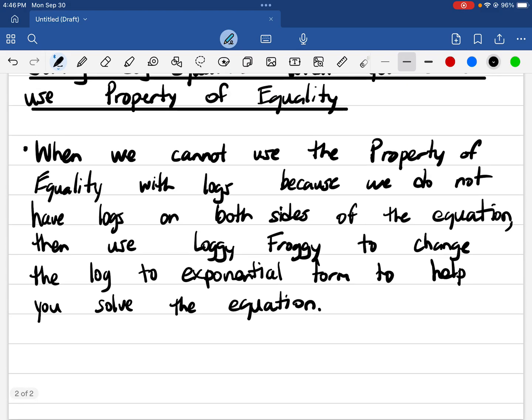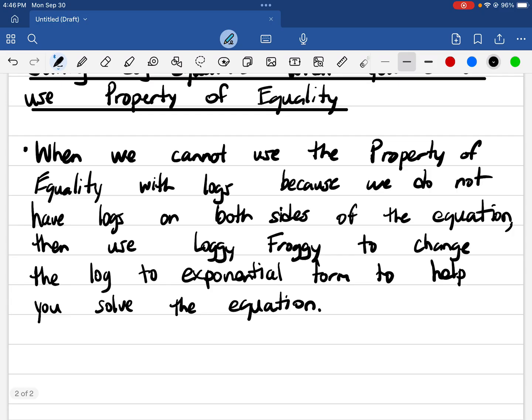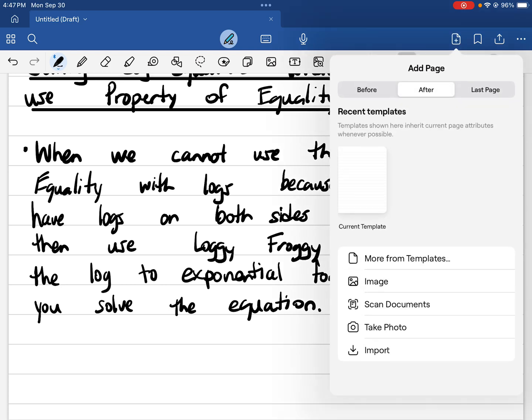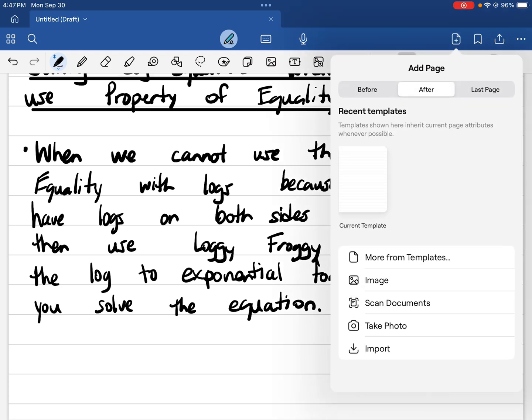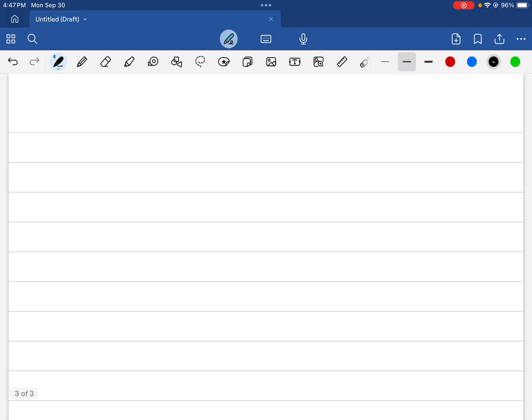And so we can go through an example of how this would work as well. And so just a quick example. So if we have log base x of 81 equals 2.